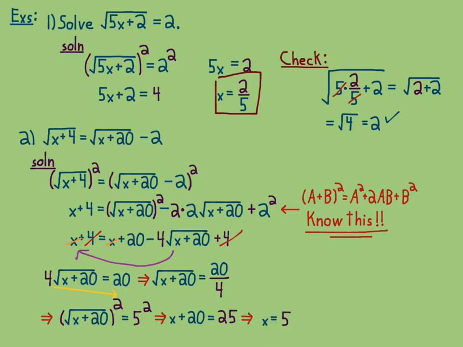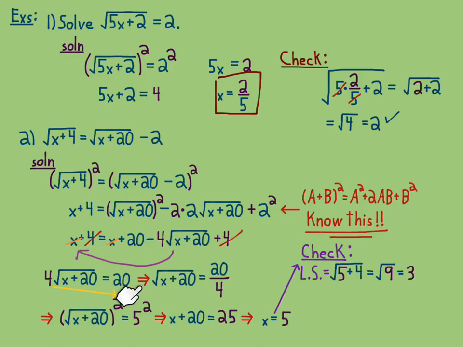And now you check your answer in the original. They both have square roots. So I just did the left side, the original is the one right here. The left side is square root of 5 plus 4, which is square root of 9, which is 3. These usually come out pretty nicely. And then the right side is square root of 5 plus 20.